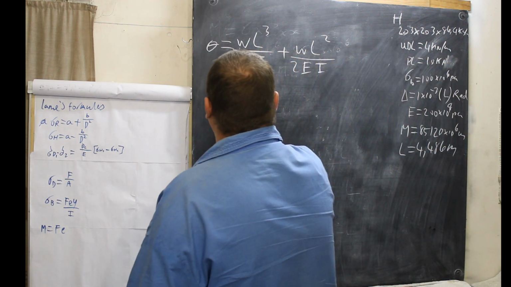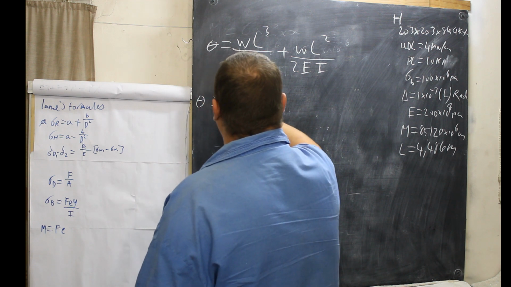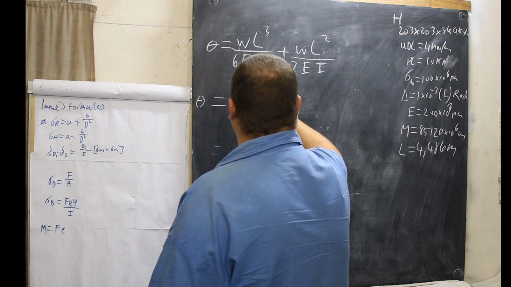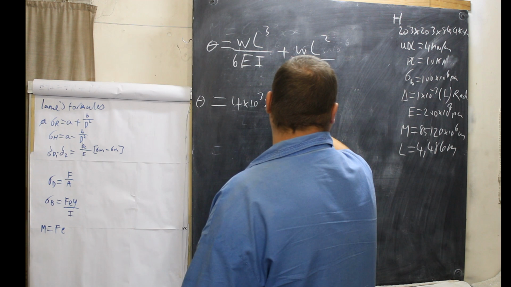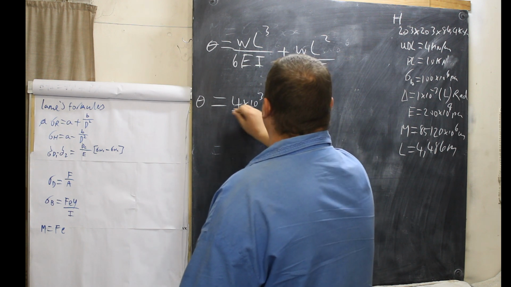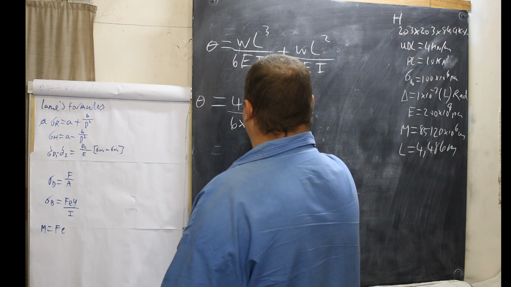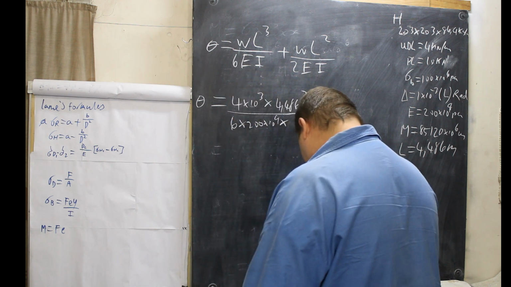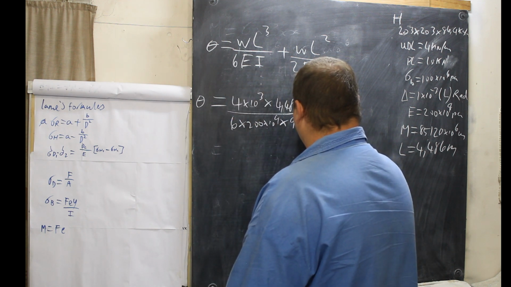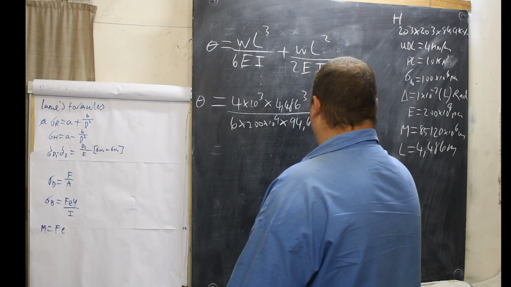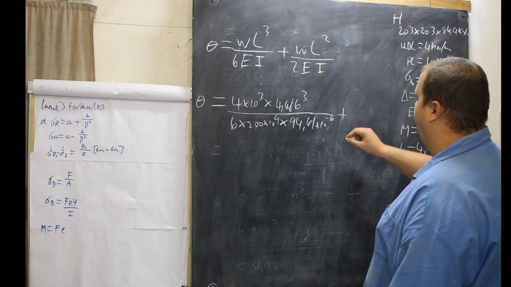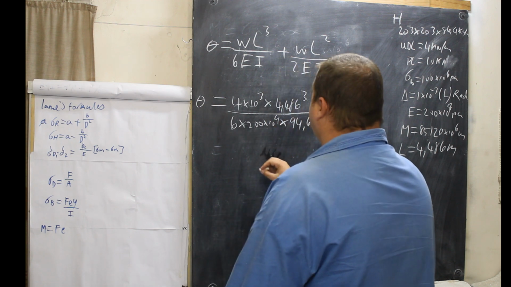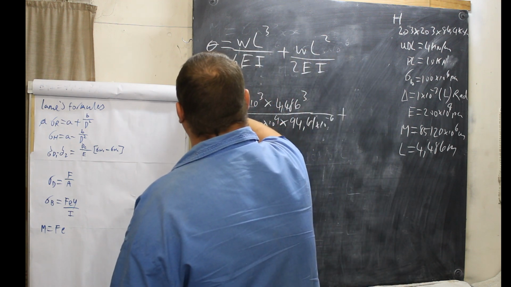So, first things first. We've got our slope, so now we have 4 times 10 to the 3 times 4,486 to the 3 all over 6 times 200 times 10 to the 9 times 94,61 times 10 to the minus 6 plus, now this is our deflection.